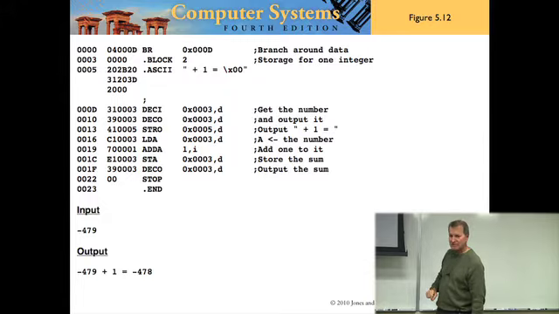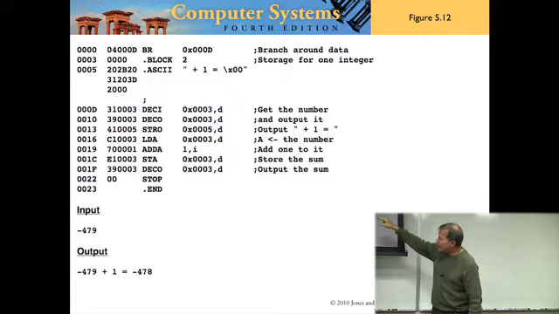Are you with me? And then when we say branch to this address, what it will generate is the address of where that symbol is. Do you see what I'm saying?